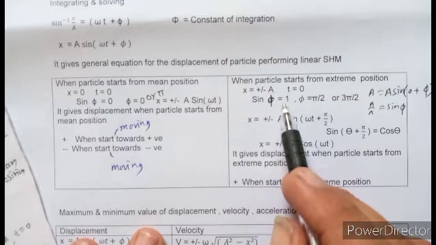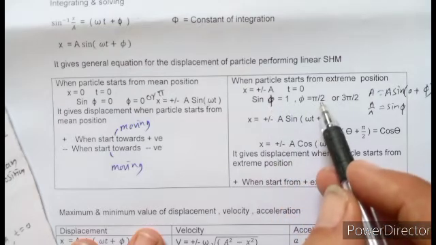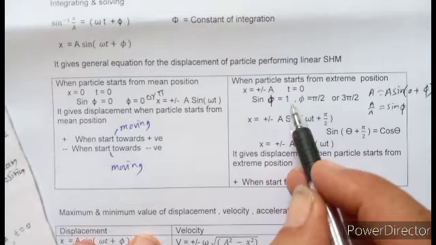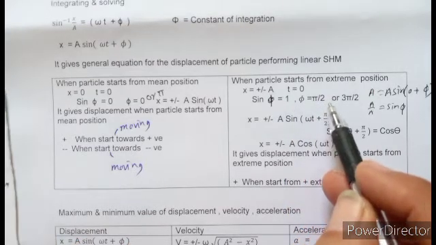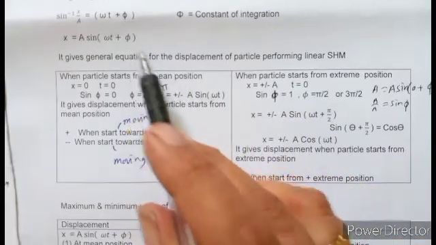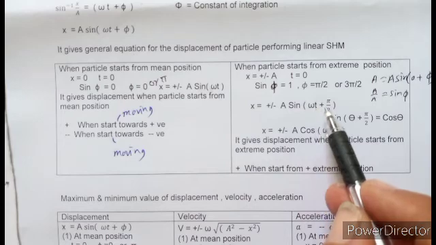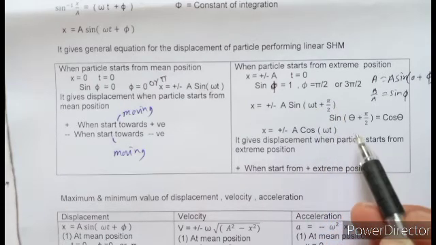When sin φ is equal to 1, for what value of φ is it 1? That is for φ as π/2 or 3π/2. Now we use the first value, φ is equal to π/2. Substitute in this equation: x is equal to plus or minus A sin(ωt + π/2).